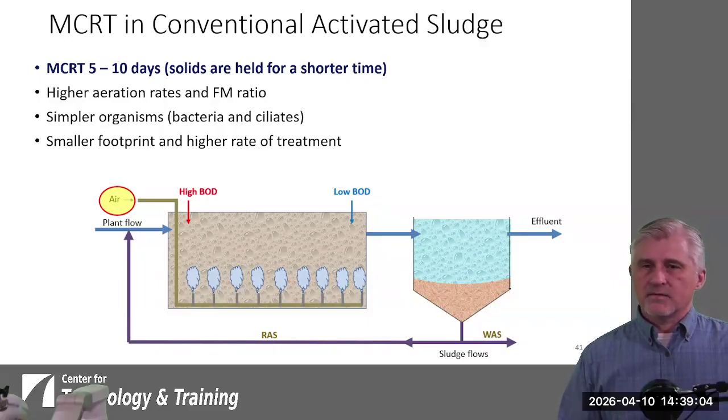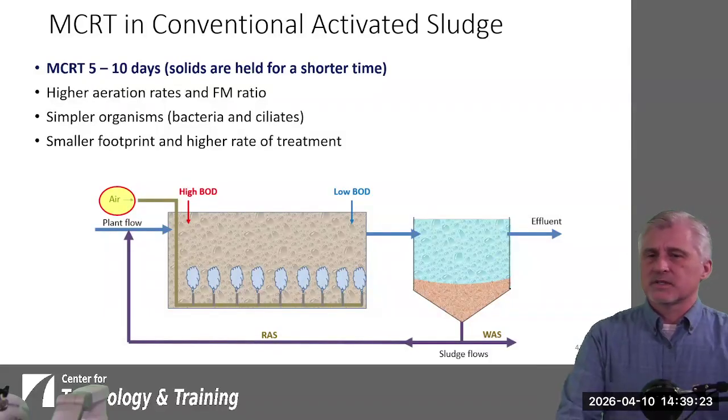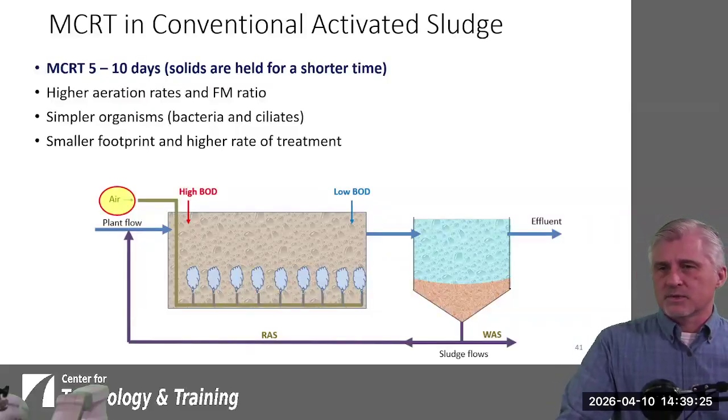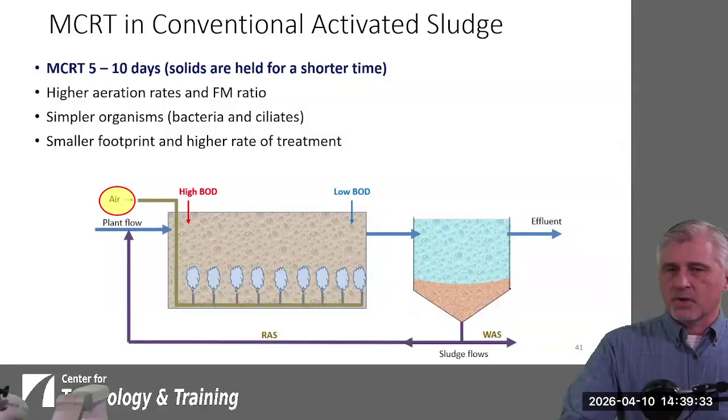We've got higher aeration rates typically associated with those, and a higher F/M ratio, the food to microorganism ratio. And we're treating some of the simpler types of organisms, the bacteria and ciliates. These types of treatments require a much smaller area, a smaller footprint, and a higher rate of treatment. So they're helpful in areas where you don't have a lot of space.